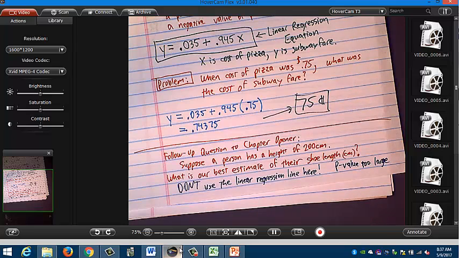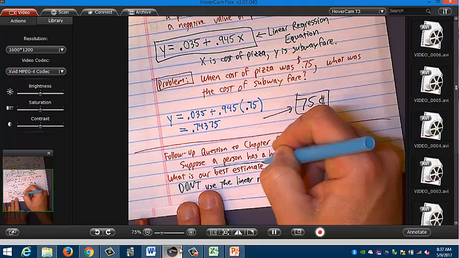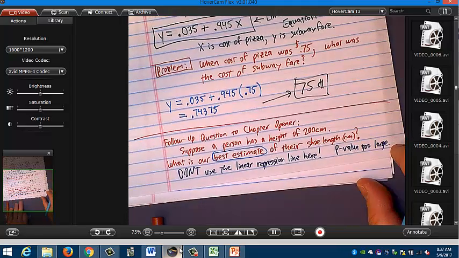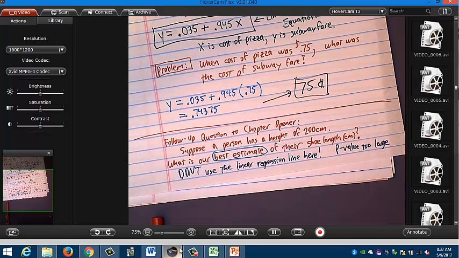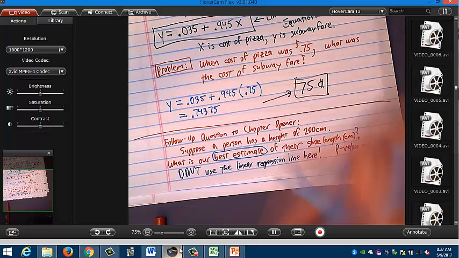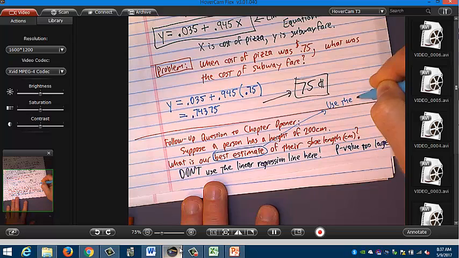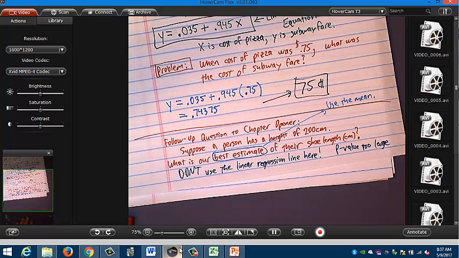Well, the question was, what is our best estimate of the shoe length? If you don't have a correlation, the best estimate you can do is to use the mean. That's the best estimate I have, because if there's not a correlation, then his shoe size could be anything.